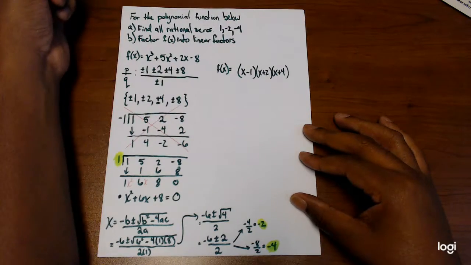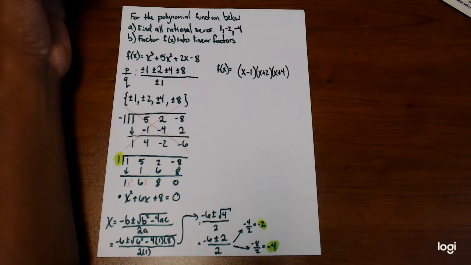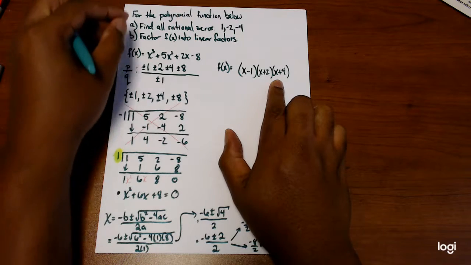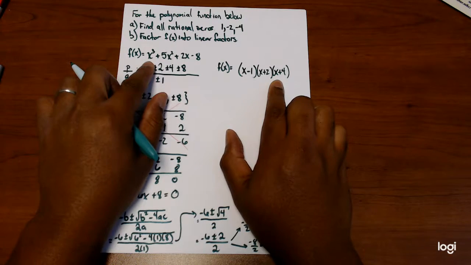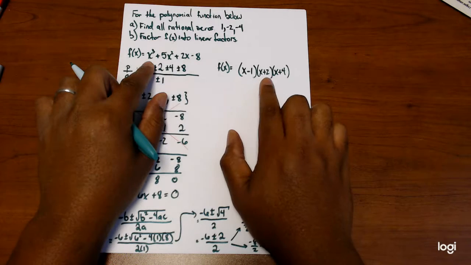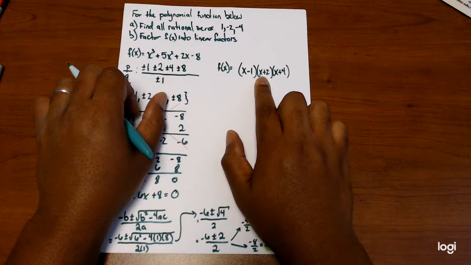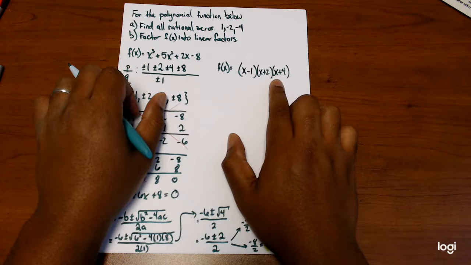And I'm done. The only thing is I need to make sure that the first term that I get when I multiply these 3 factors matches the first term in my original polynomial. So when I multiply these 3 first terms, I'll get the first term. So x times x is x squared. X squared times x is x cubed.